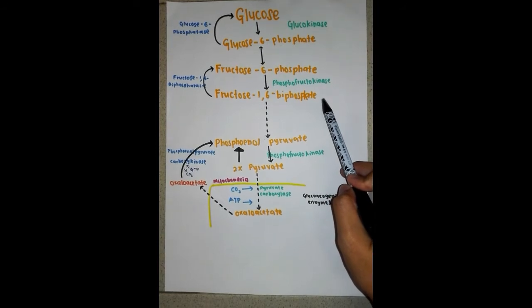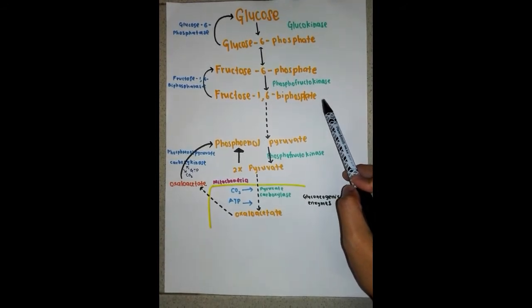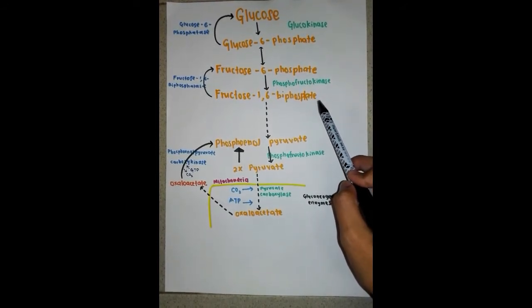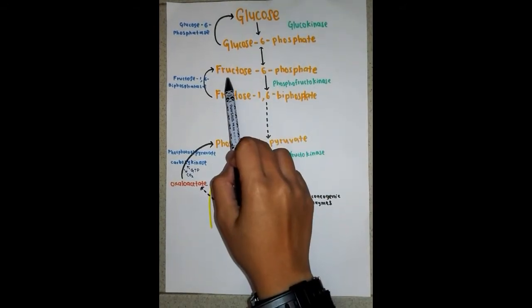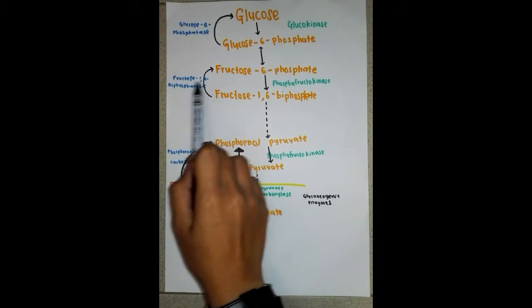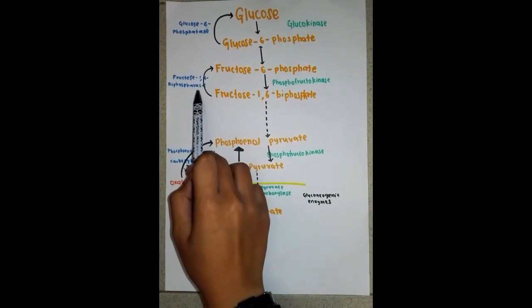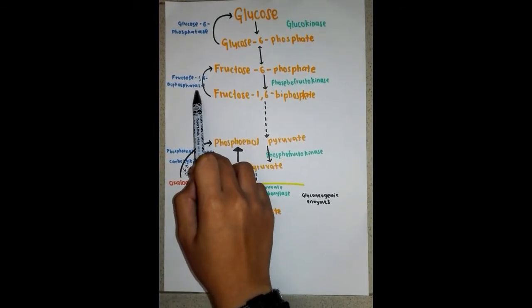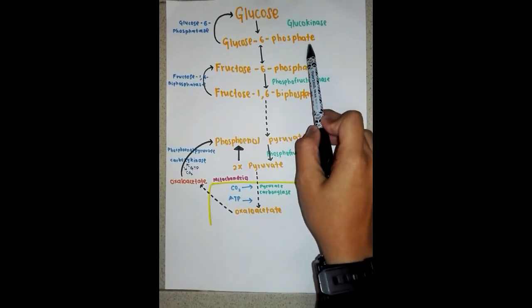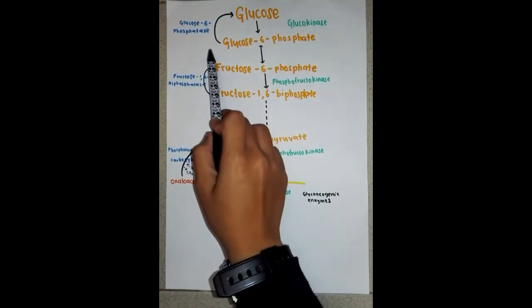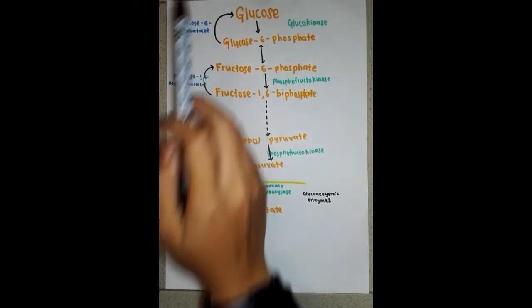The next irreversible reaction is fructose 1,6-biphosphate converted into fructose 6-phosphate by the enzyme fructose 1,6-biphosphatase. The last irreversible reaction is the conversion of glucose 6-phosphate to glucose by the enzyme glucose 6-phosphatase.